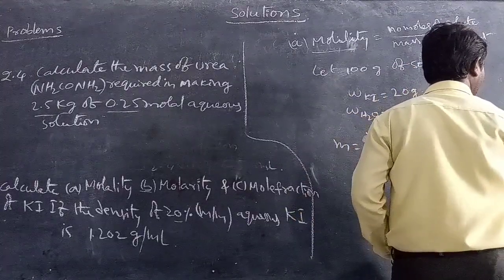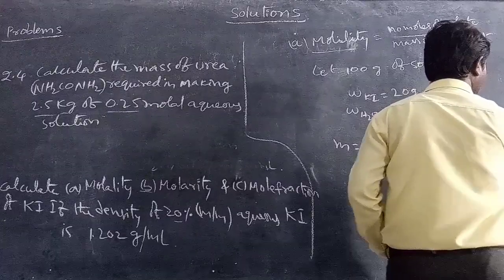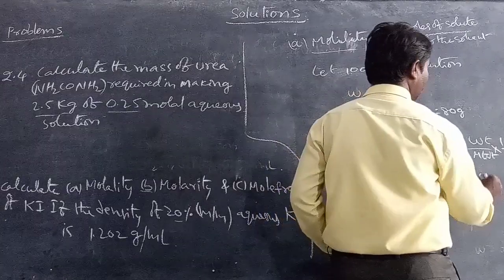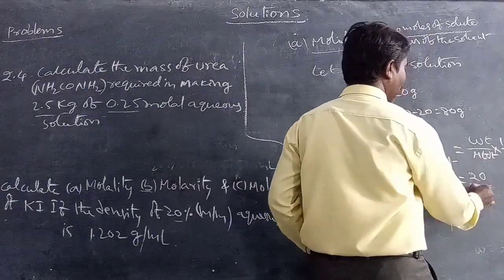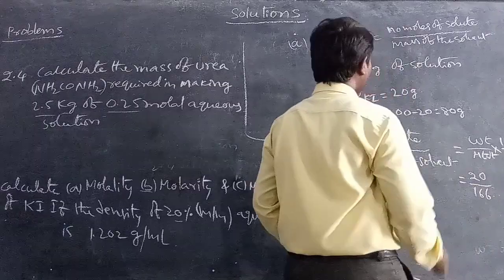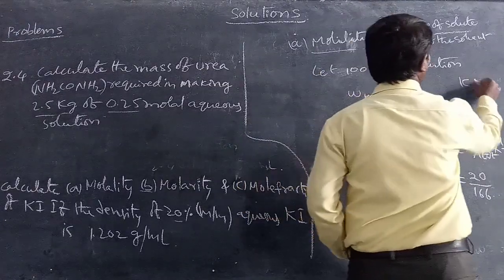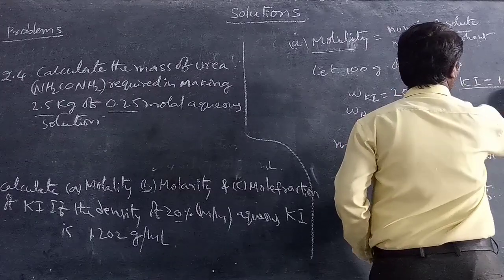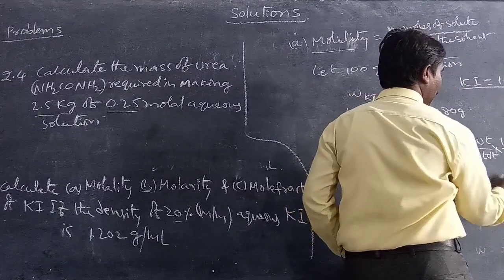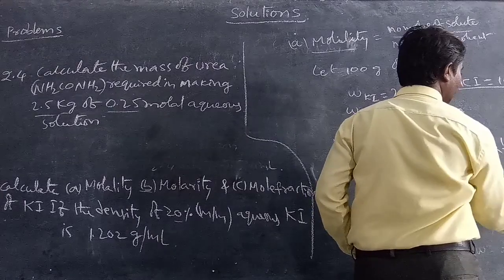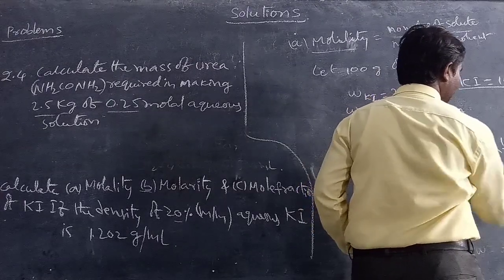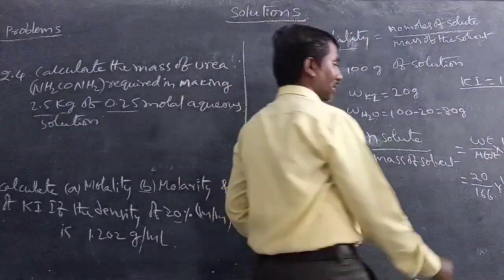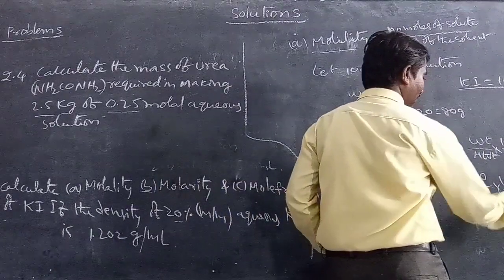The weight is 20, the molar mass of KI is 166, into 1000 by the mass of the solvent, 80 grams.